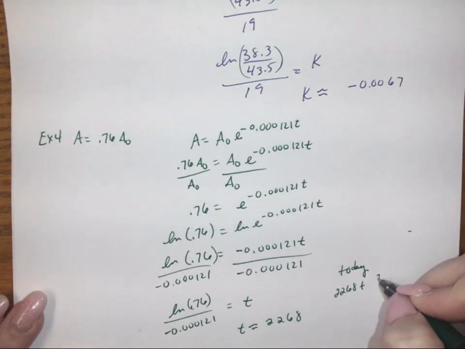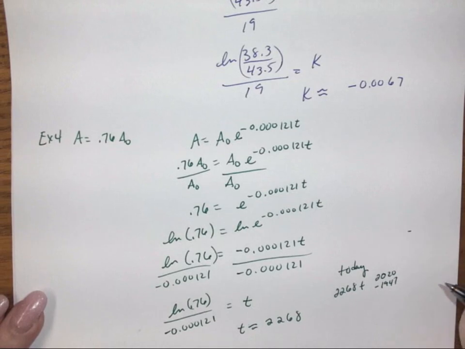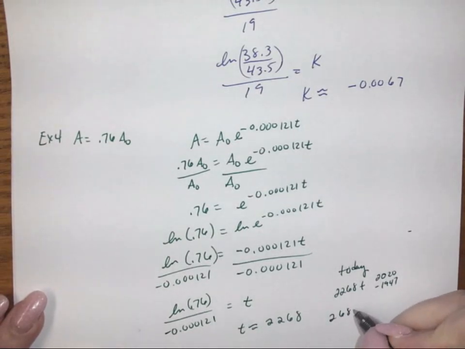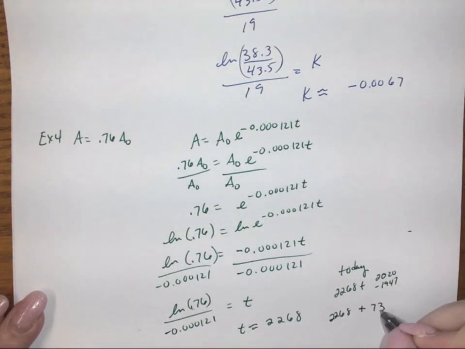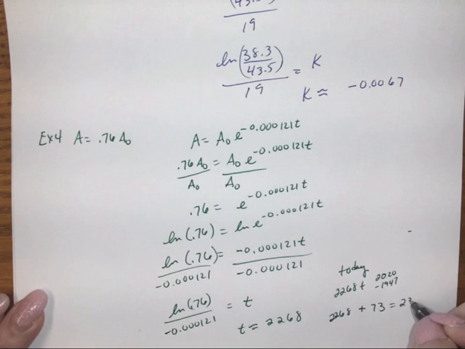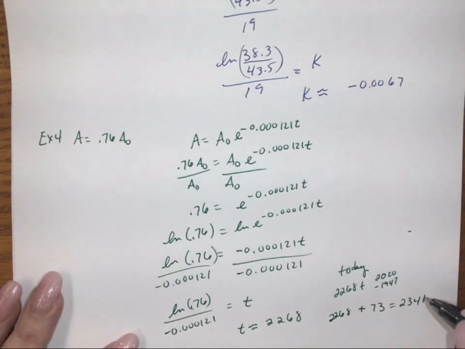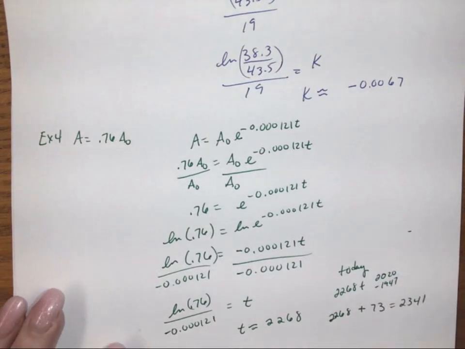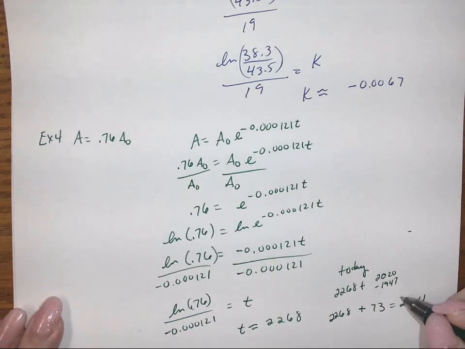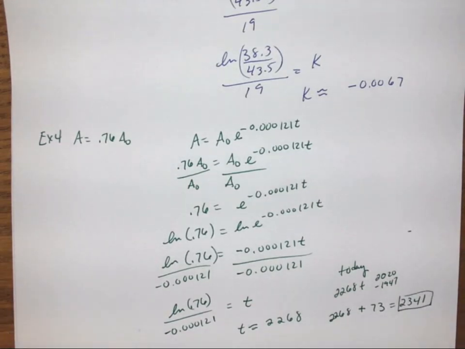So right now we're looking at 2020 minus 1947, which would be 73. 2268 plus 73, which will get us 2341. So we found the value for our t, so 2341 years.